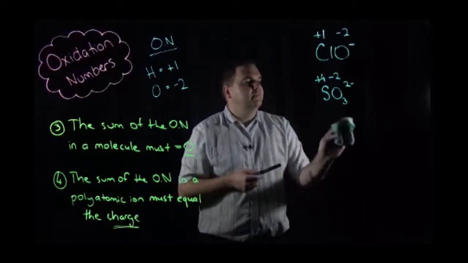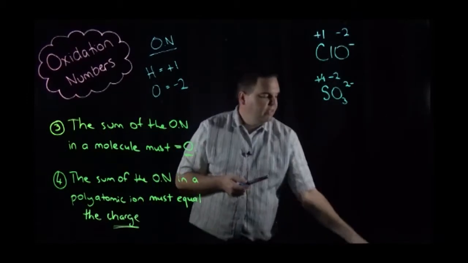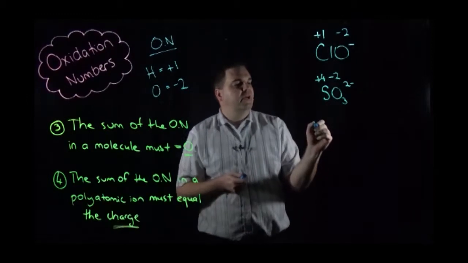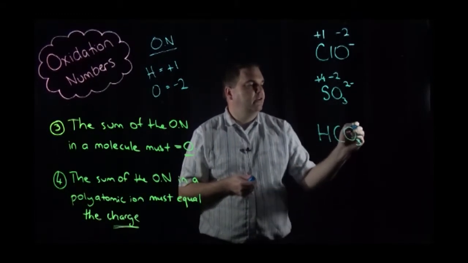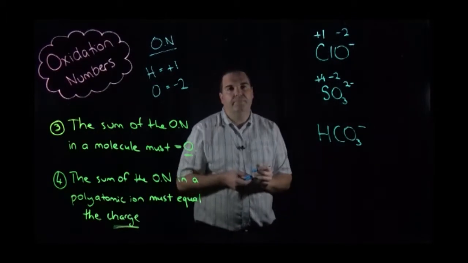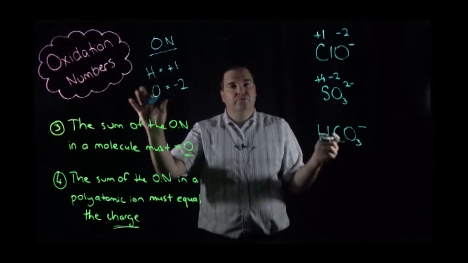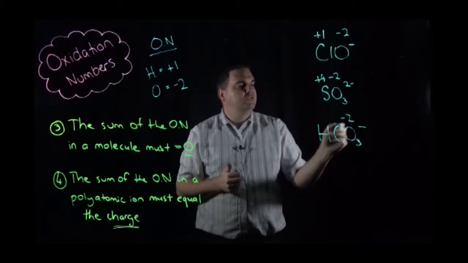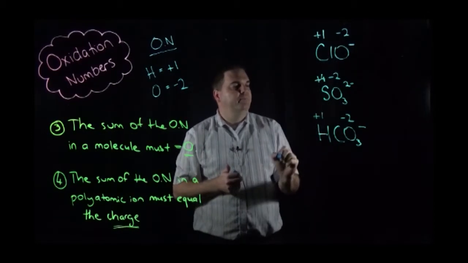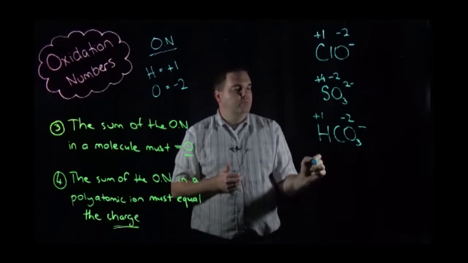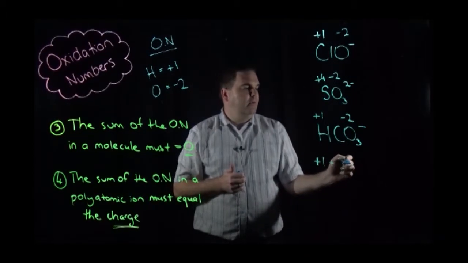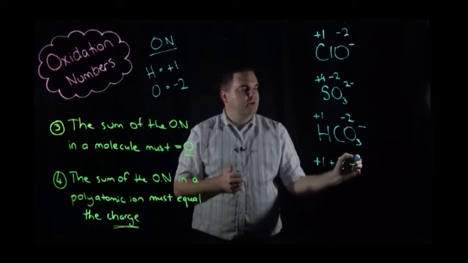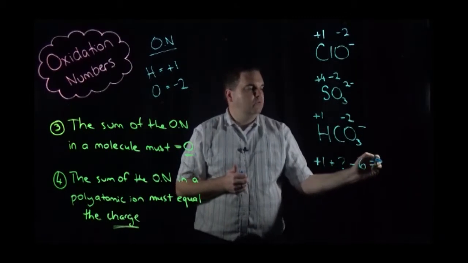Sometimes you can have even more things together, like the bicarbonate ion, HCO3-. Again, just use these rules. Oxygen is -2, hydrogen is +1. So we've got +1 plus something, minus 3 lots of -2 is -6, and all up that equals -1.